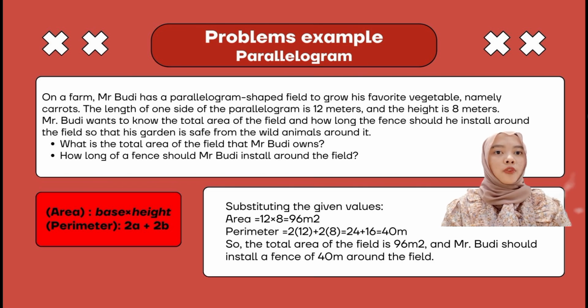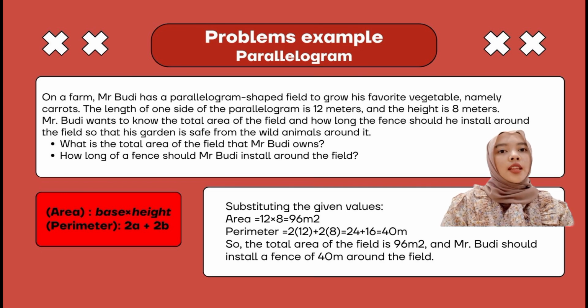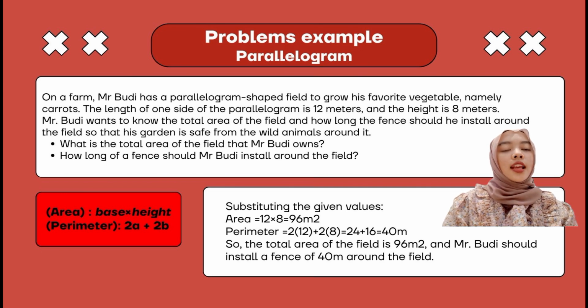Given that one side, the base, is 12 meters and the other side, the width, is 8 meters: perimeter equals 2 times 12 plus 2 times 8 equals 24 plus 16 equals 40 meters. So, Mr. Budi should install a fence 40 meters long around the field to keep his garden safe from wild animals.